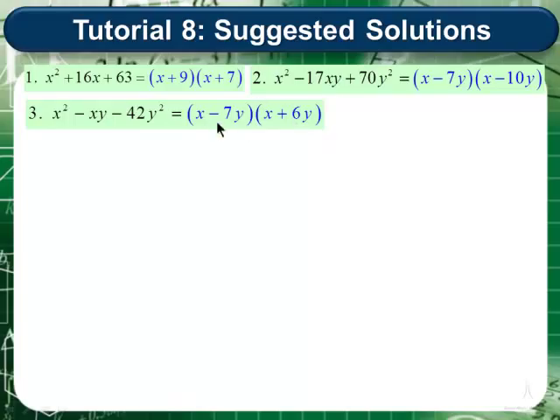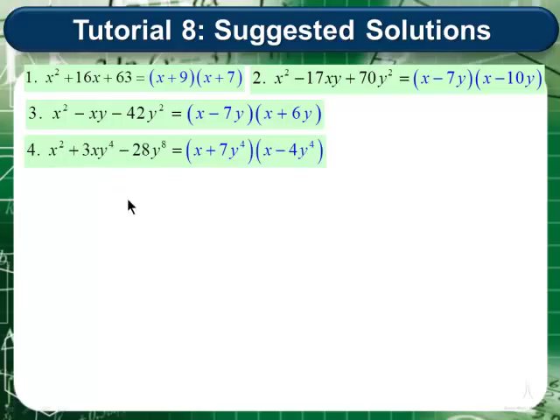It all depends on the numerical value of the coefficient for the third term, whether the negative is on the left or the right. That you must figure out by multiplying the inner terms, minus 7, and in this case it will be a plus 6, to ensure that you get the correct sign for the middle term, namely minus 1 in this case. Problem number 4, very similar situation.